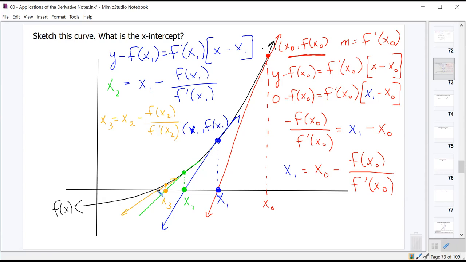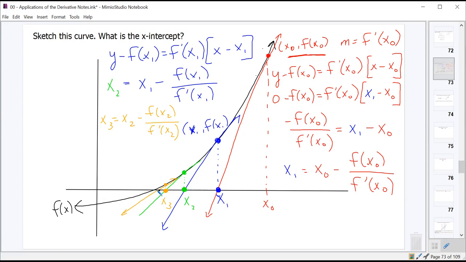We're now very close when we get to x4, and x5 would be just a little bit closer, and x6 would be just a little bit closer. And we're never going to get exactly to that x-intercept, but we can get to within any number of decimal accuracy to that actual x-intercept that we want, just by repeating this process, by repeatedly finding the equations of the tangent lines and finding their x-intercepts.